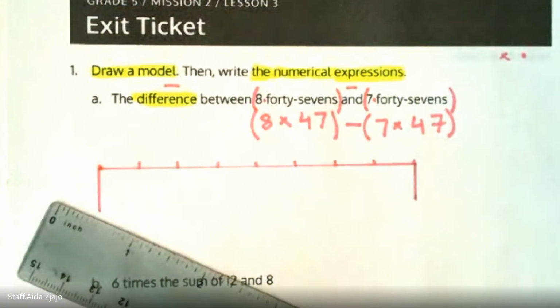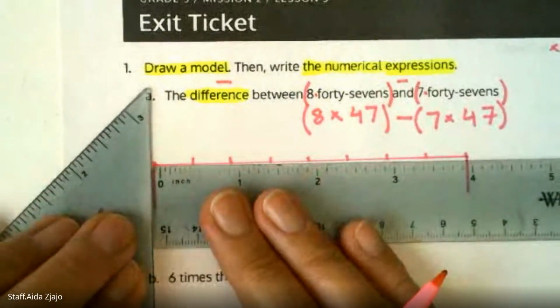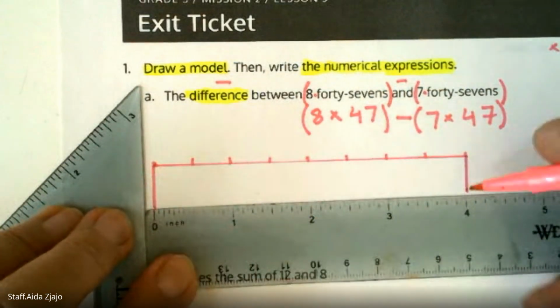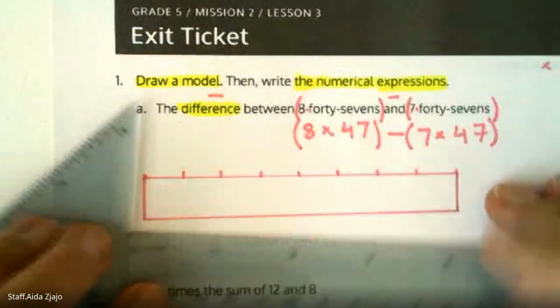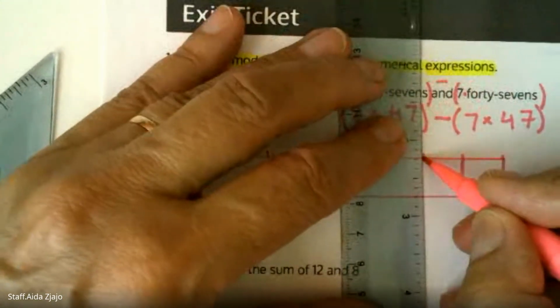and let's see, if I use my ruler, I can make this. And then I will make each of these.